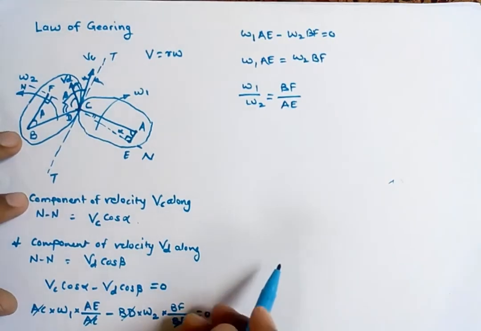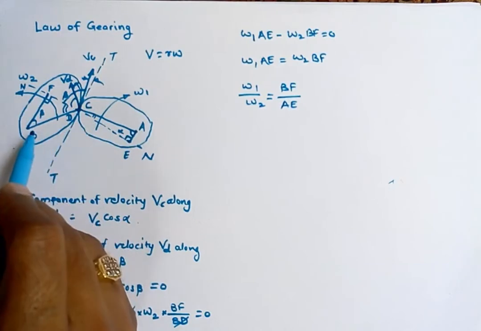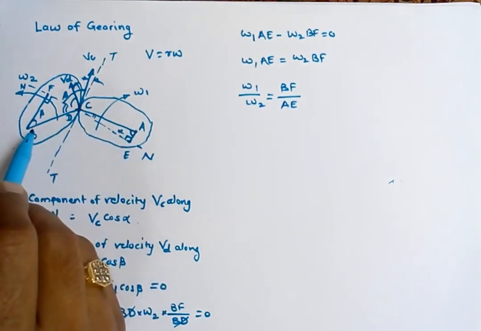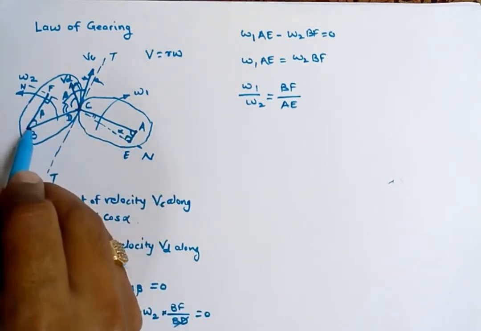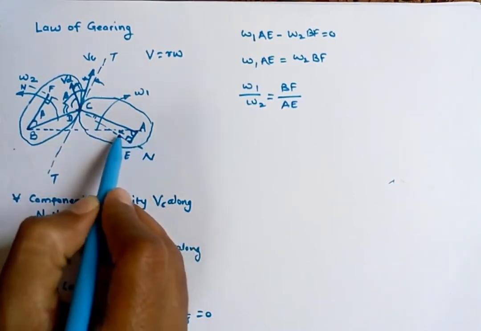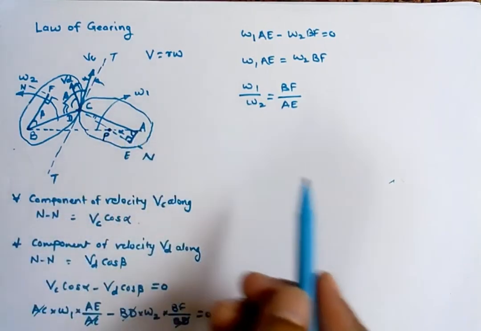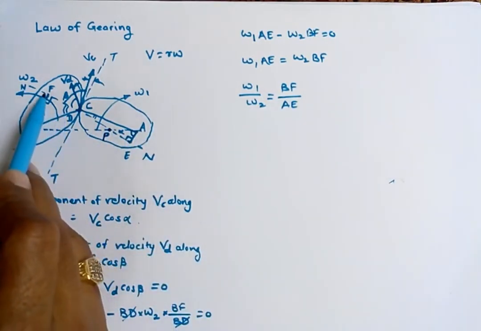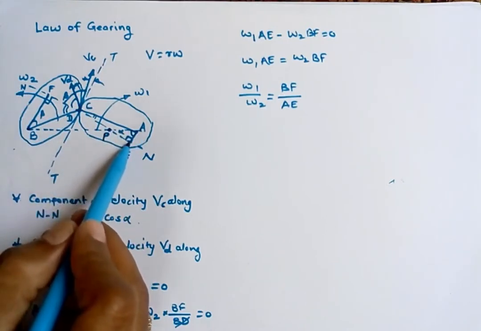But if you see, the points A and B are the centers of rotation, and I am going to join them by a straight line. The line joining the centers will cut the common normal at a point, let it be point P. So we'll get two triangles, BFP and APE.